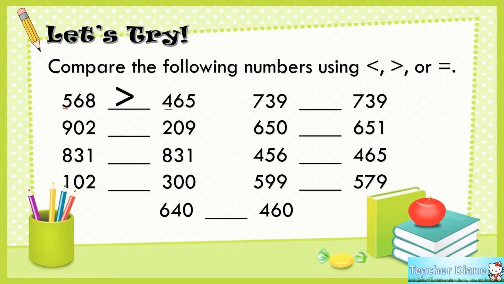Next, 902, is it greater, lesser, or equal to 209? The answer will be greater than, because 9 is greater than 2, so therefore 902 is greater than 209.